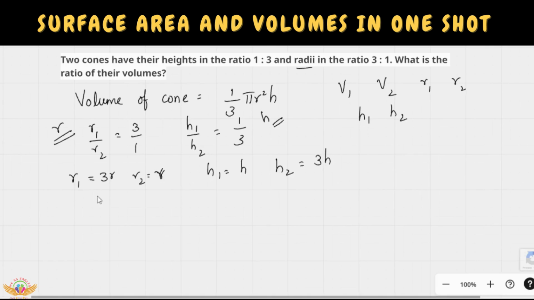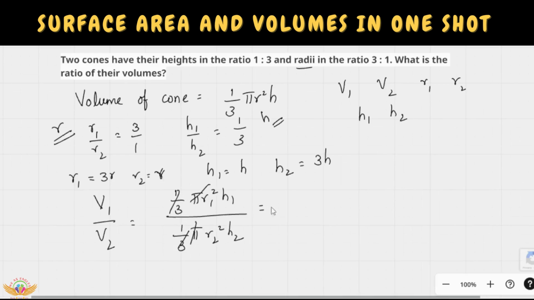Done. Now volume of the first cone by volume of the second cone. So 1 by 3 pi R1 square H1 divided by 1 by 3 pi R2 square H2. Cancel the pi's and the 1 by 3. So what is R1? We got it as 3R whole square into H, divided by R square into 3H.